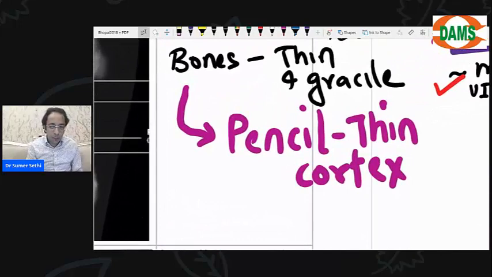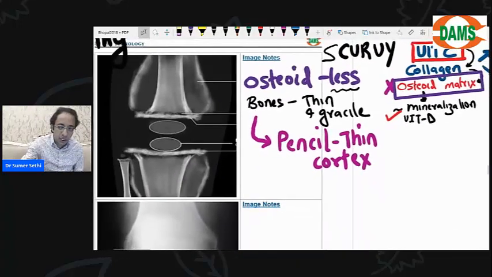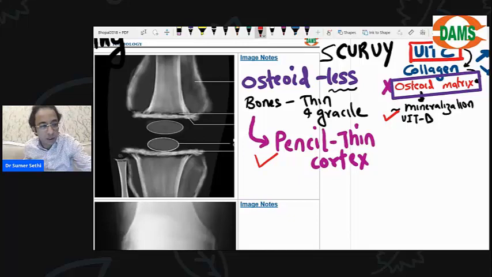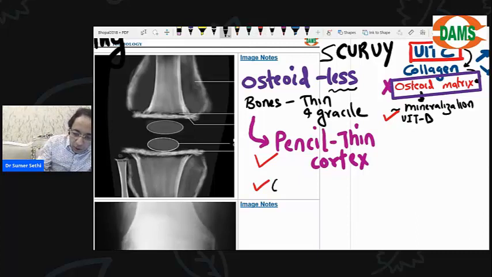So the bones in scurvy are thin and gracile. That is why you will see a frequently asked question: scurvy will lead to pencil thin cortex. Everybody, are you able to understand the concept so far? Okay. Now, second question. Not only that, even your epiphysis will be thinned out.